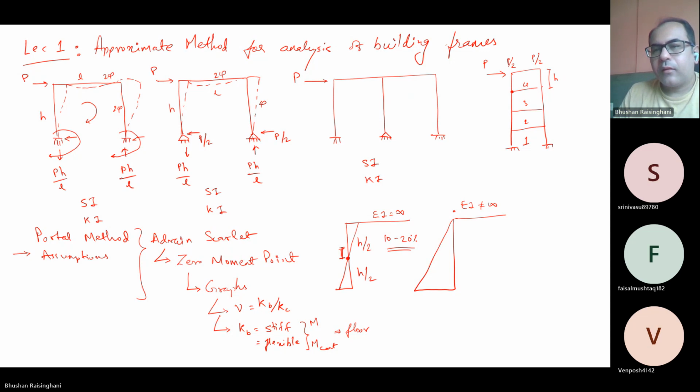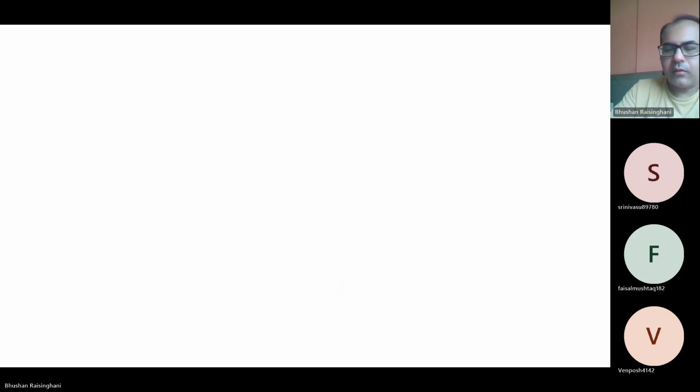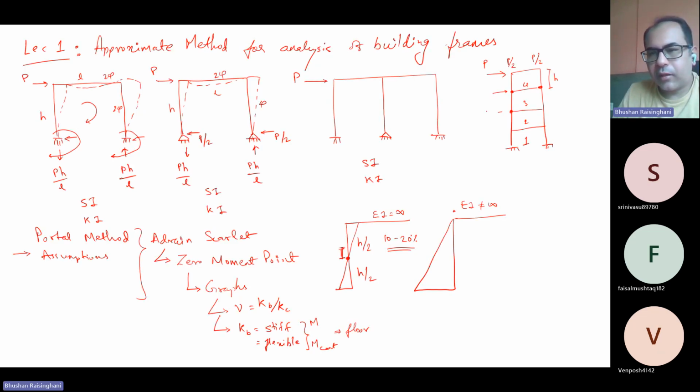And at this point, columns, two moments. Now this again, P value will act here. Again, it will give a moment here. So transfer of forces from top to bottom will take place, same force. So this is for the force which is acting at story 4.